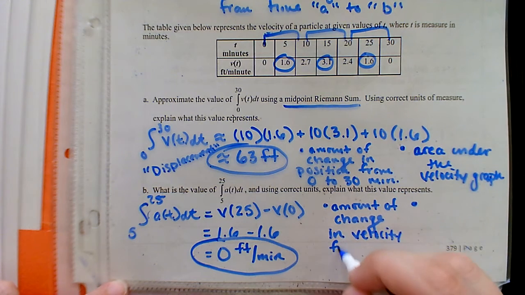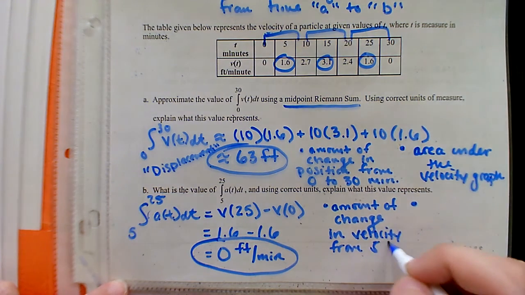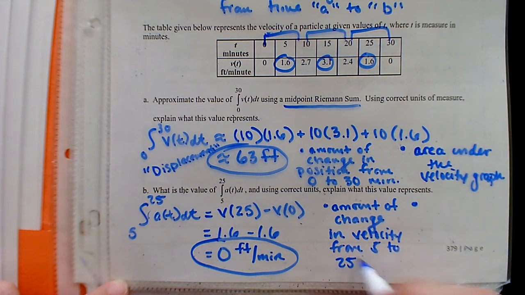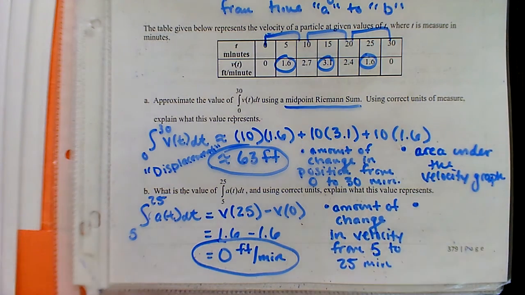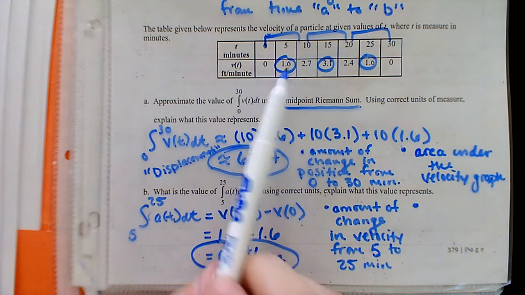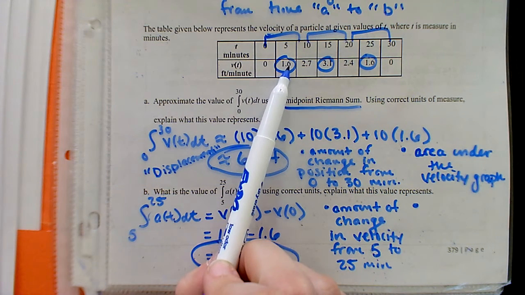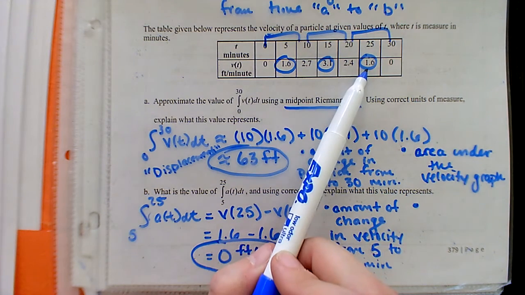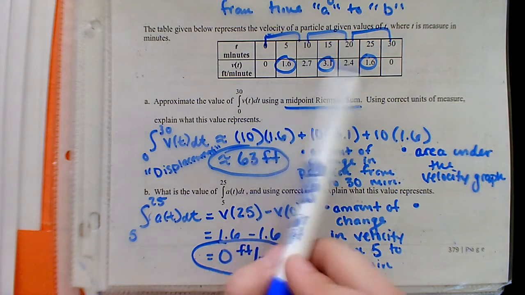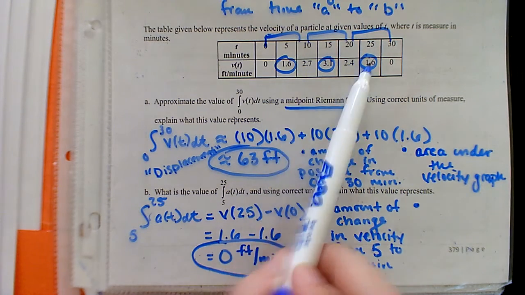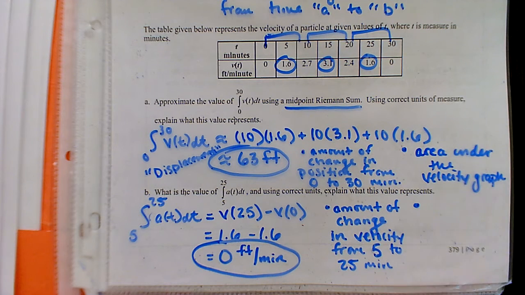Amount of change in velocity from 5 to 25 minutes. Clearly from the table that makes sense, right? If you start with a velocity of 1.6 at time 5 and you still have a velocity of 1.6 at time 25, the change is nothing. Even though you may have changed in the middle, you're only looking at those 2 points.